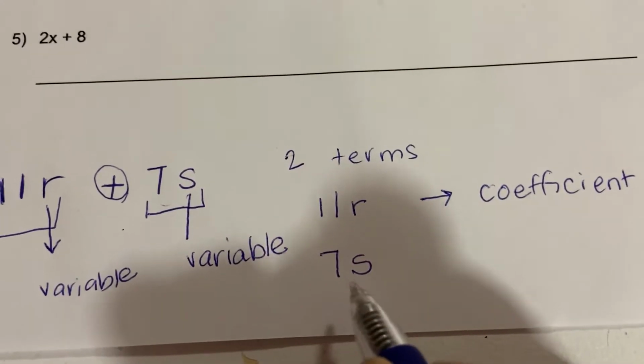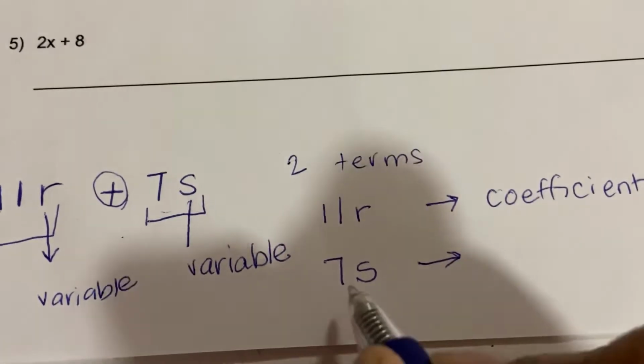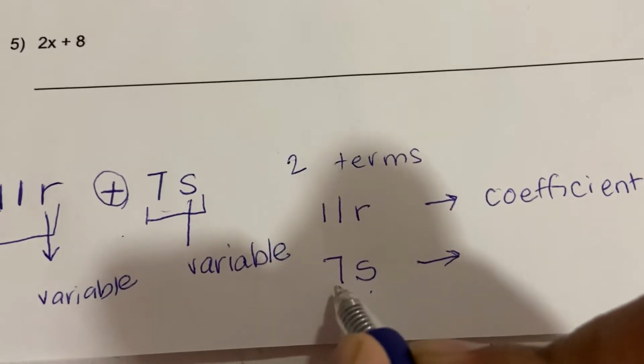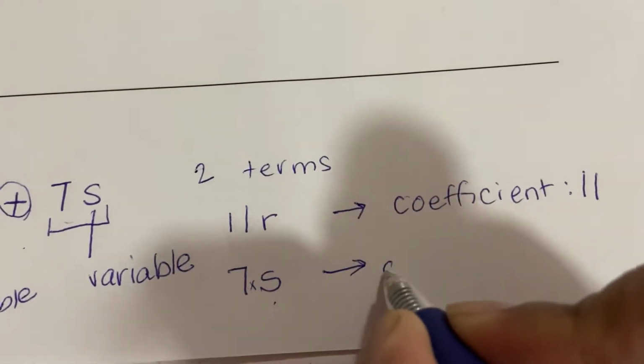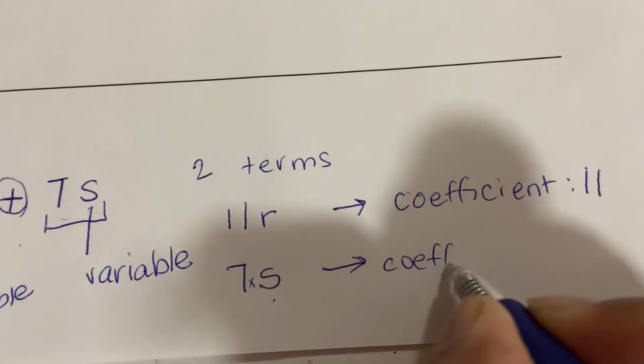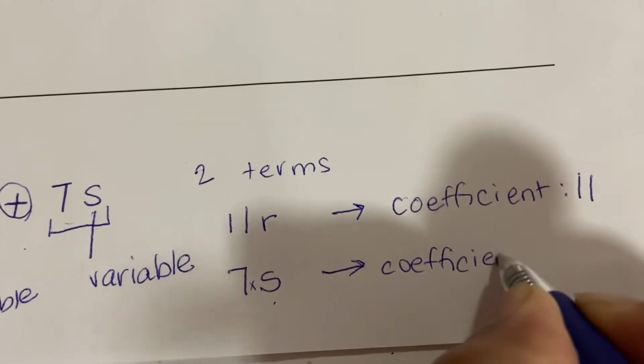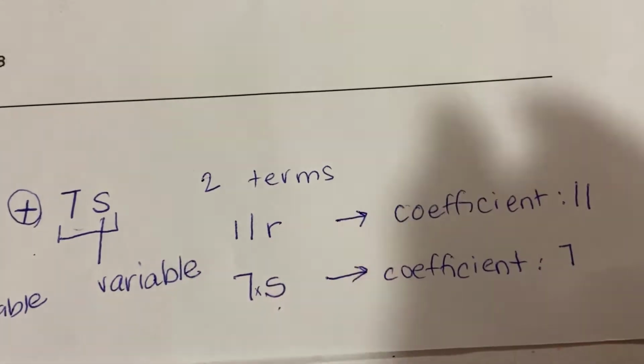And the coefficient of 7s, well, what's getting multiplied by this variable? The number 7 is getting multiplied by the variable s. So the coefficient is 7.